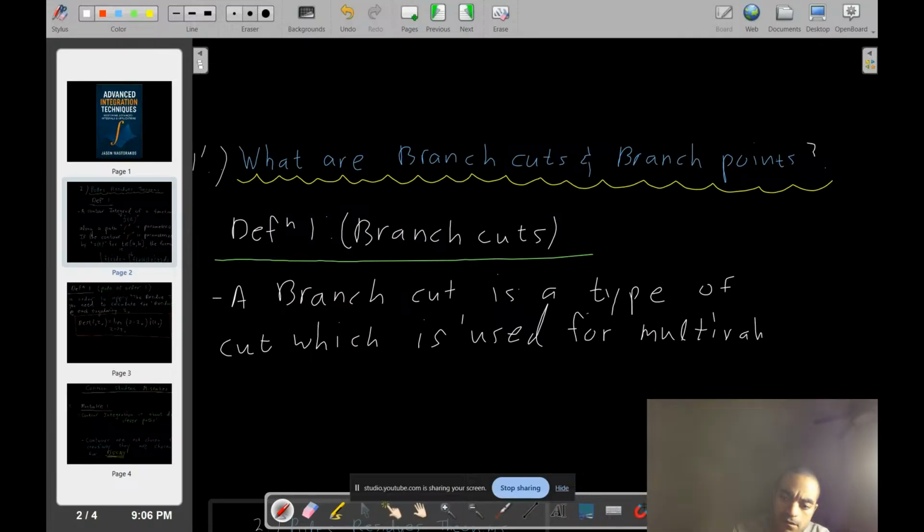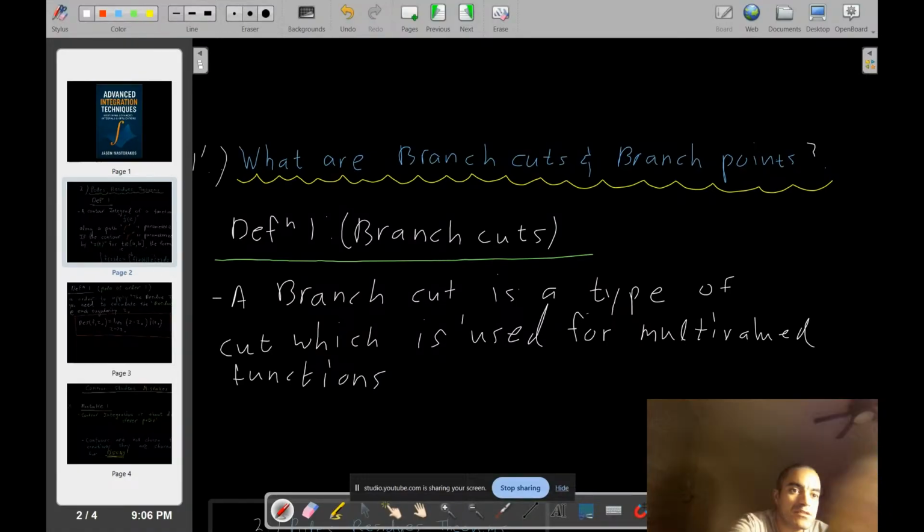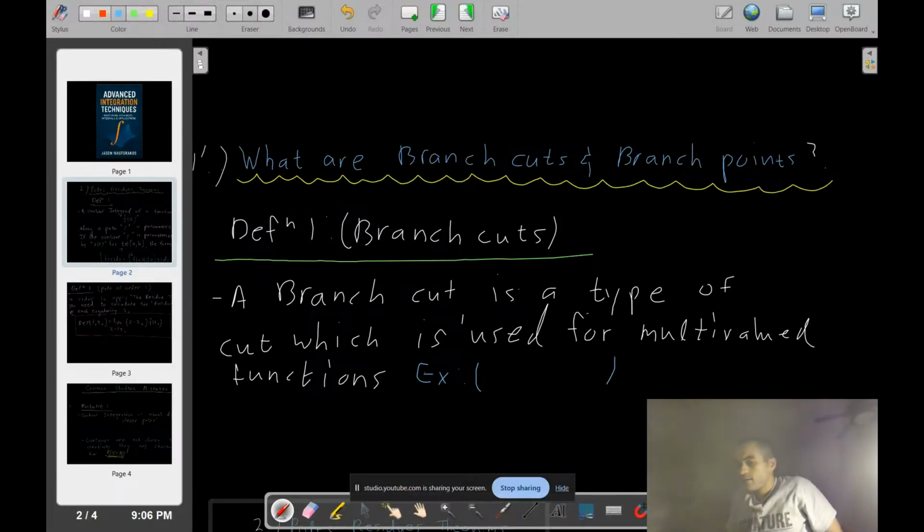Examples, for instance, let me bring up some examples. For example, if you had the square root of z, so you have the square root of a complex number z.